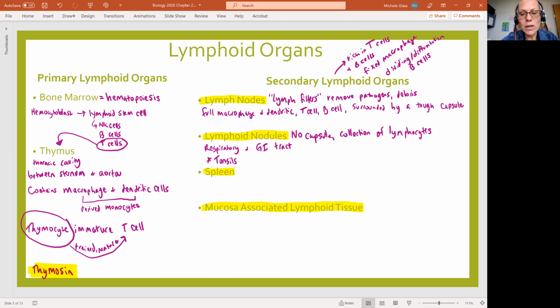If the lymph node is the lymph filter, then the spleen can be considered the blood filter. And so we've already seen the role of the spleen in helping to remove old red blood cells. We'll find this spleen on the lateral border of the stomach. It's going to have lots of those macrophage and dendritic cells.